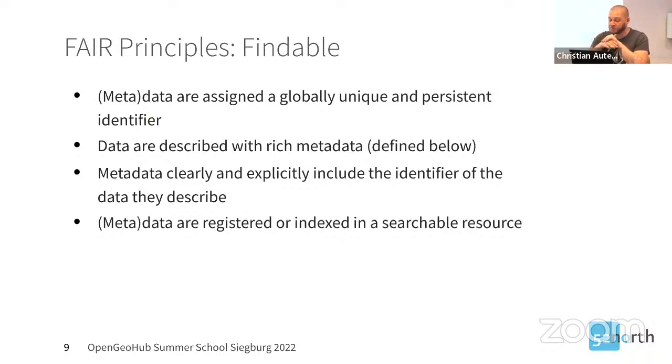Data is described with rich metadata, and not just a README beside it, but really rich metadata. And metadata clearly and explicitly includes the identifier of the data it describes. So we can share the metadata, and you can go back to the origin of this data. And it should be indexed and searchable, which is very important.